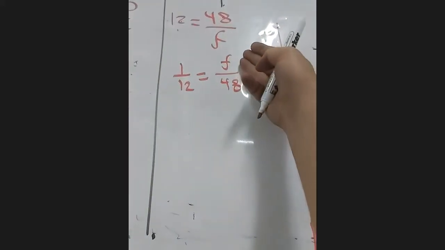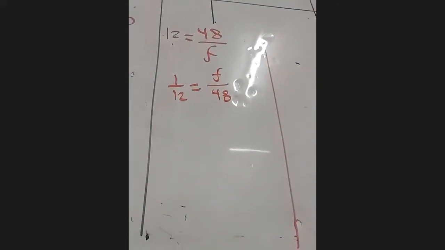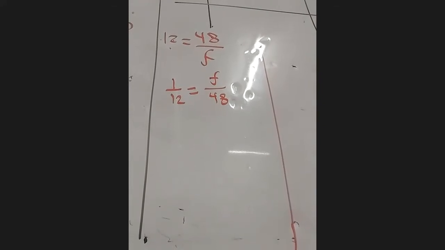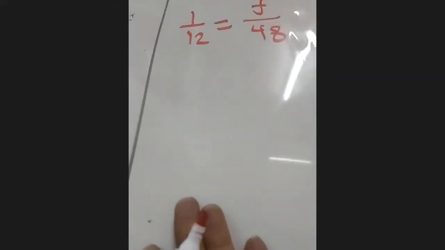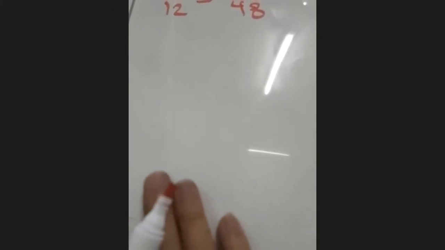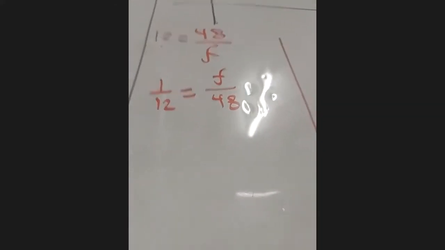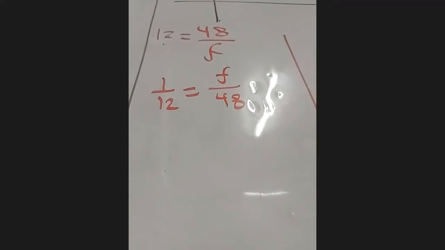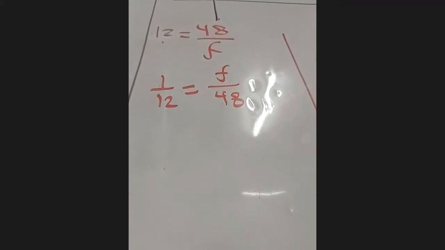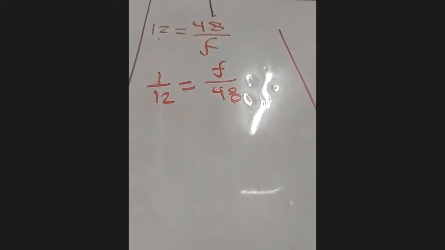Now we have a division equation. The numerator is the variable. What will we do? Multiply by what? By 12. Multiply by what? By 48.